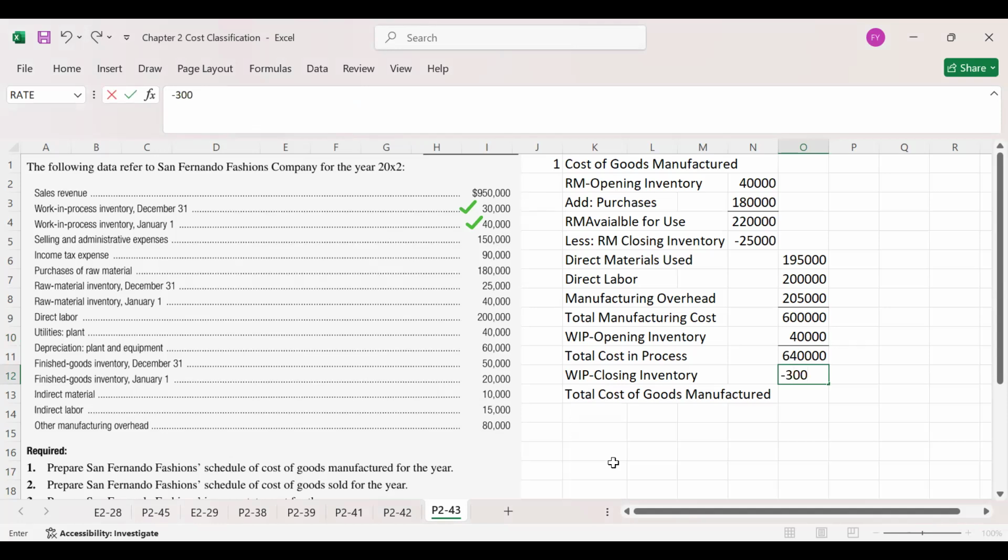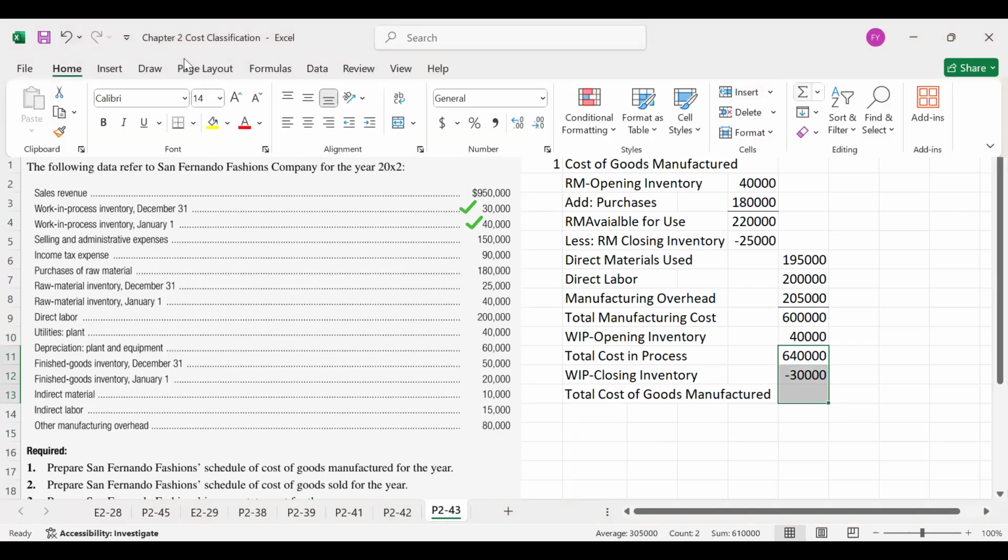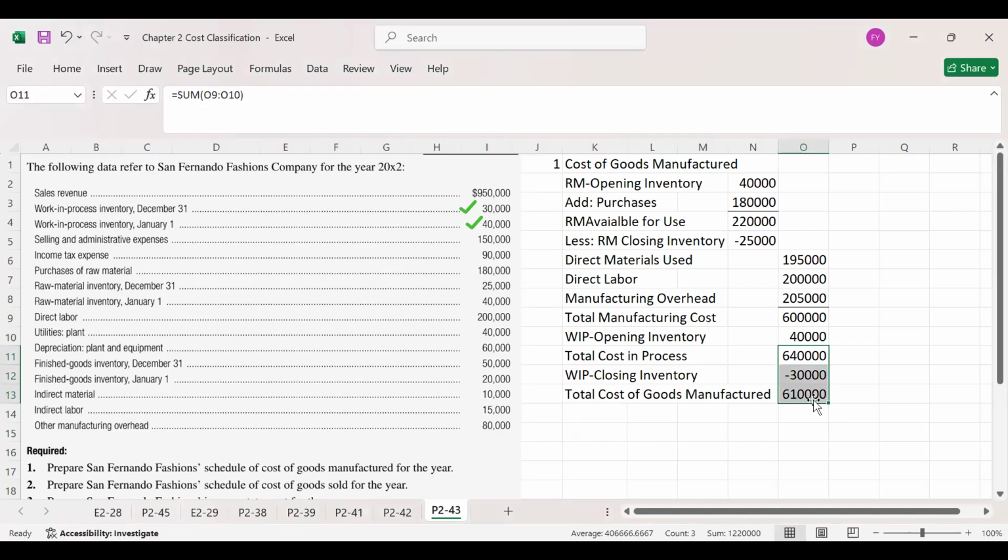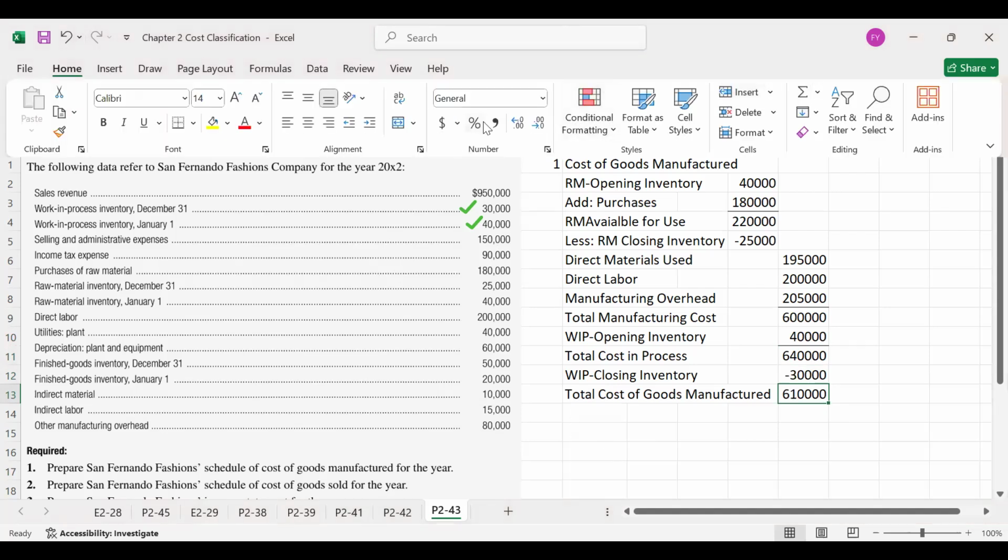Work in process closing inventory is 30,000. So the total cost of goods manufactured will be $610,000. So this is your total cost of goods manufactured.